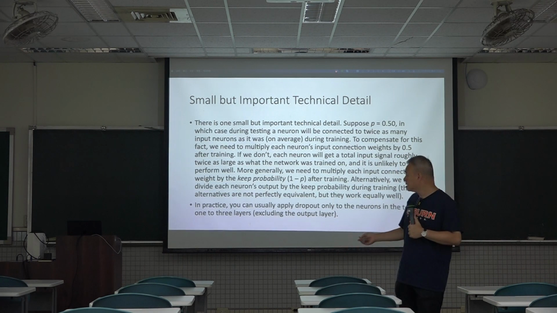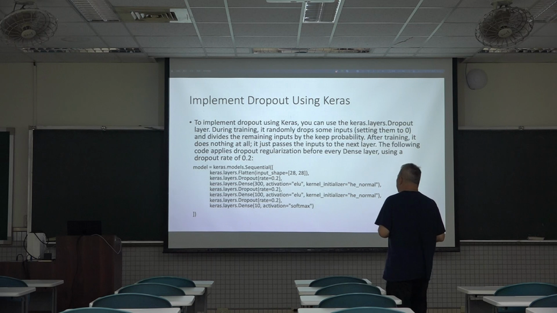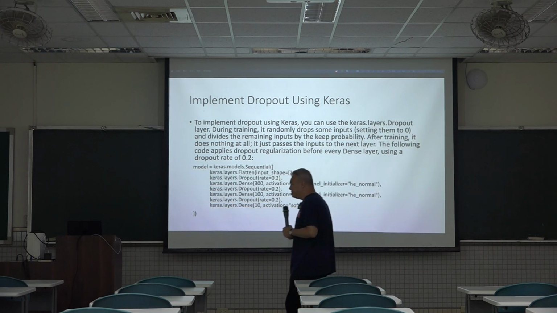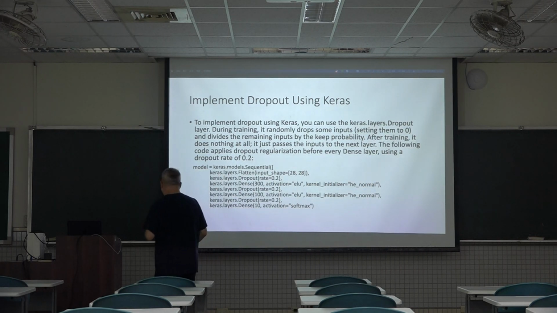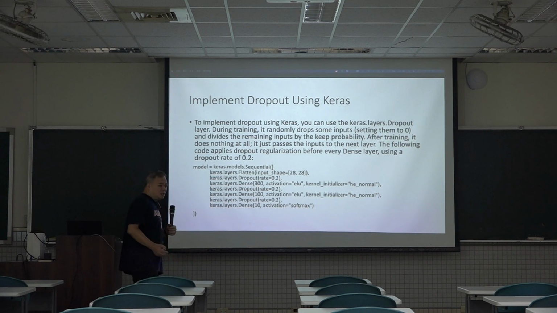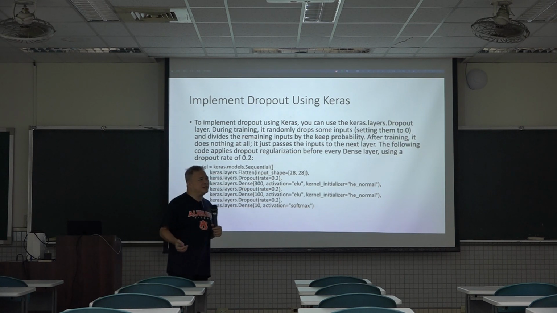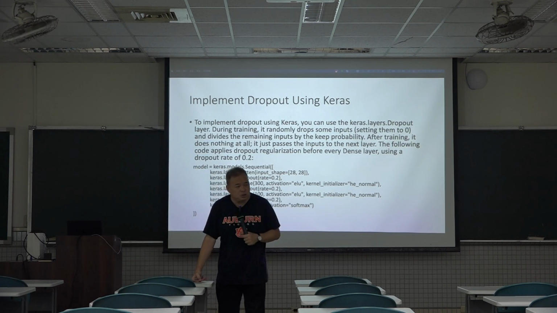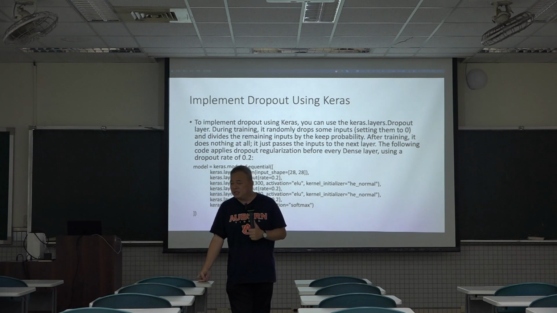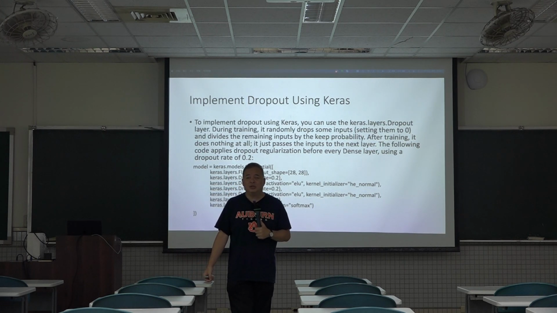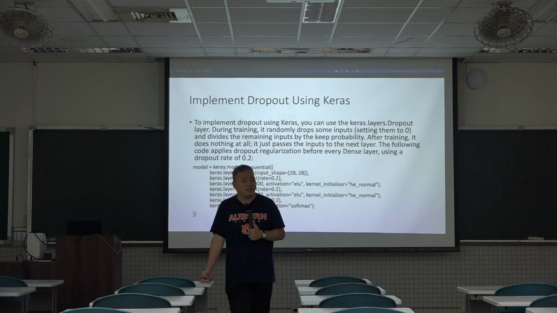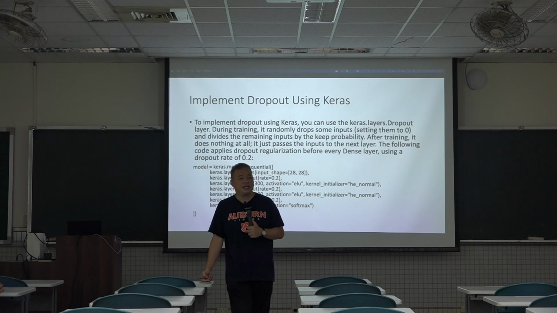So it is very straightforward to apply dropout in your network. It's just like batch normalization: for every layer, you just add one statement and that's it.